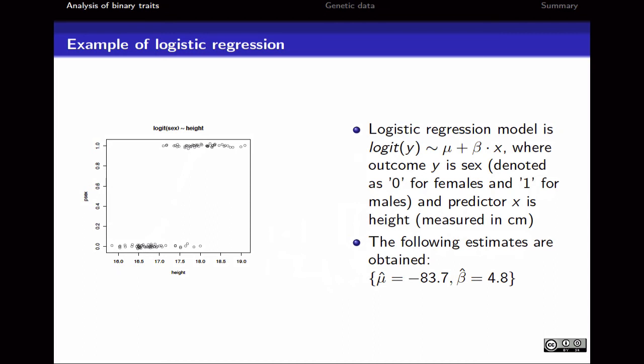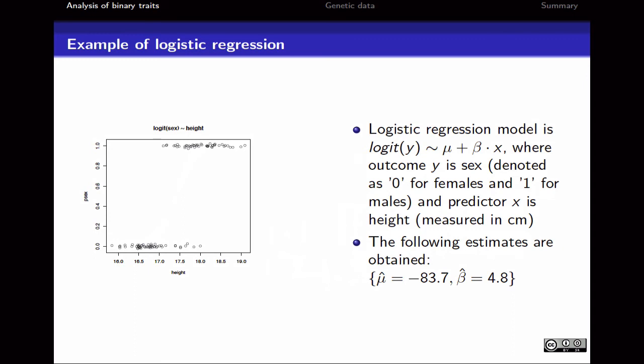So beta is positive, meaning that the outcome 1 are men, right? So with height increasing, the risk of being a man increases. So if we put it in terms of risks, or actually the other way around, men are taller than women, the same thing we found previously, right?